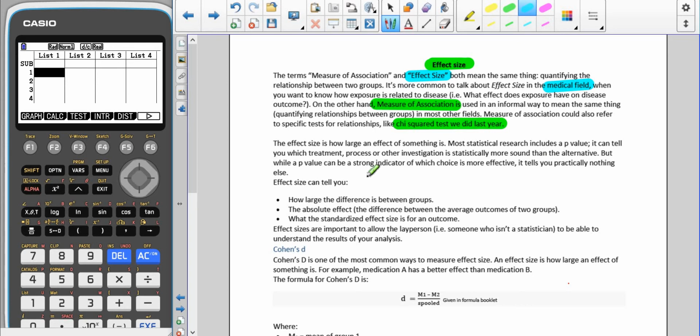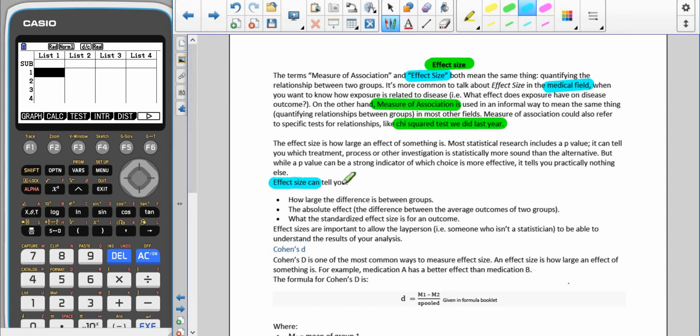We've seen the p-value come up in the binomial hypothesis testing and the normal hypothesis testing that we looked at last year, and on the graphical calculator in other areas such as the 2-sample t, 2-sample normal hypothesis testing.